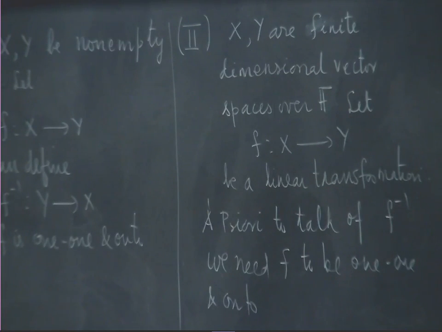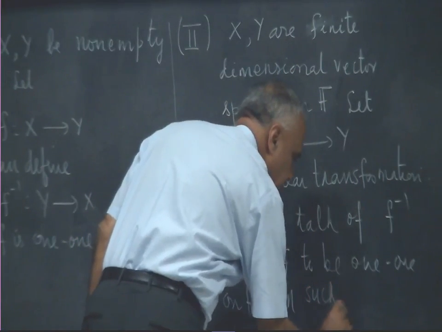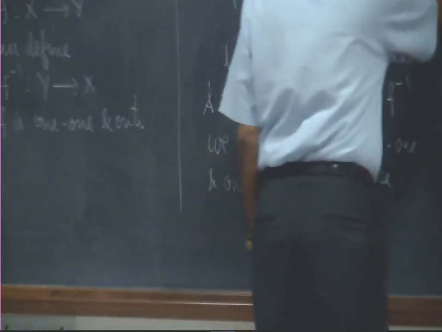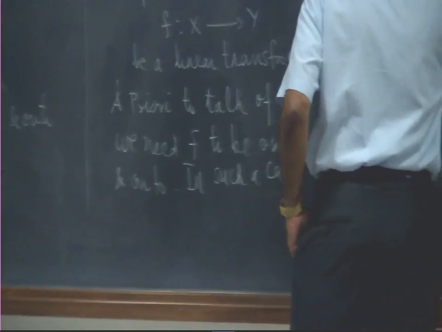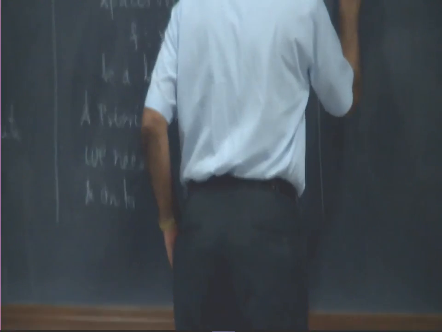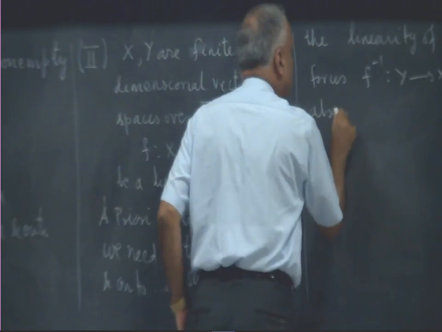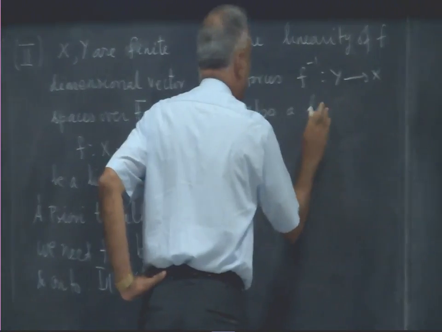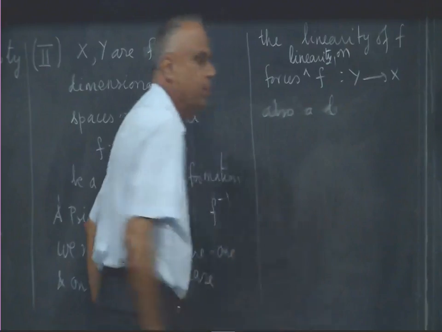If we have a one-one onto map, then the inverse is defined, and the linearity of f forces the inverse to also be a linear transformation from y to x.